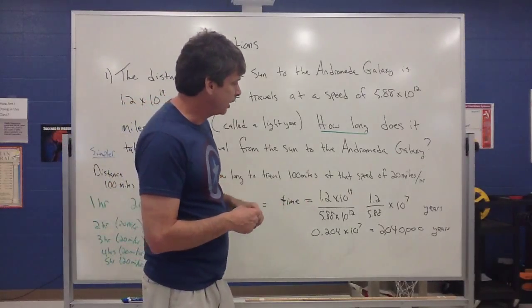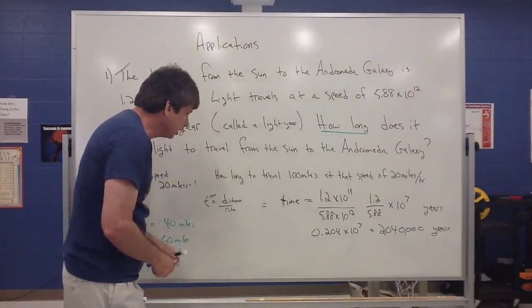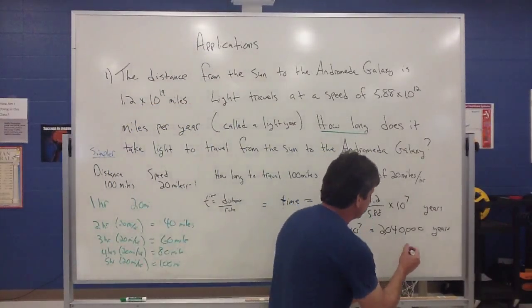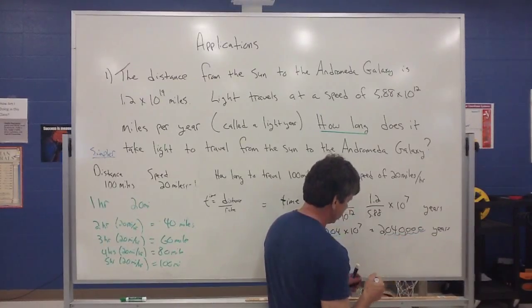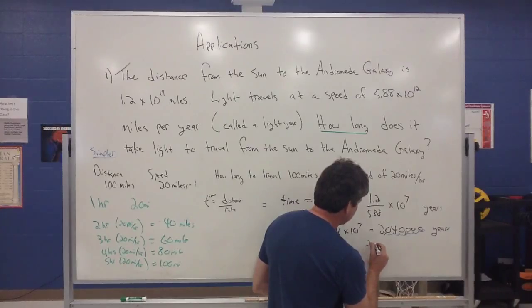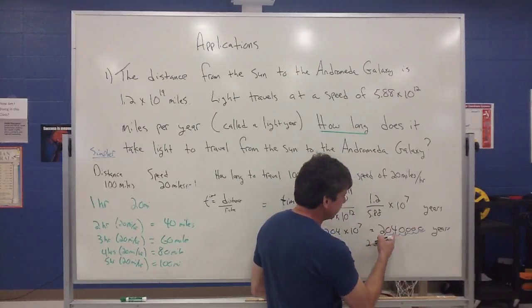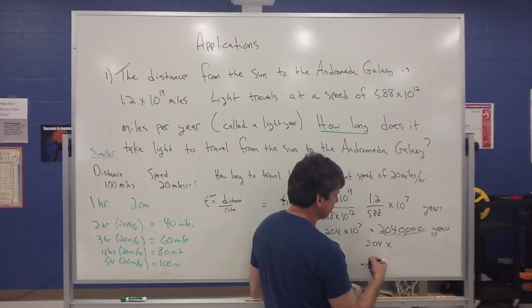But I want to put this in scientific notation. So remember, to put it in scientific notation, I need to slide my decimal back to make a number between 1 and 10. So I've got to move back 1, 2, 3, 4, 5, 6. So what I picked up on then is I'm going to have 2.04. Keep the 4, all those other zeros you can drop out. Keep the important digits there.